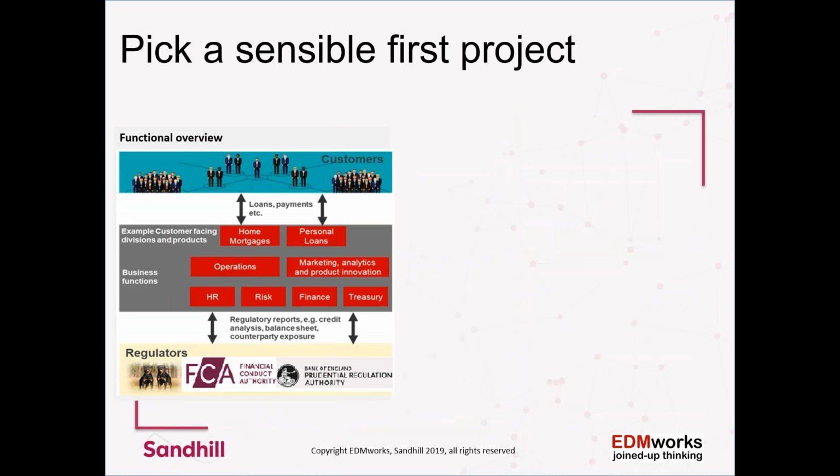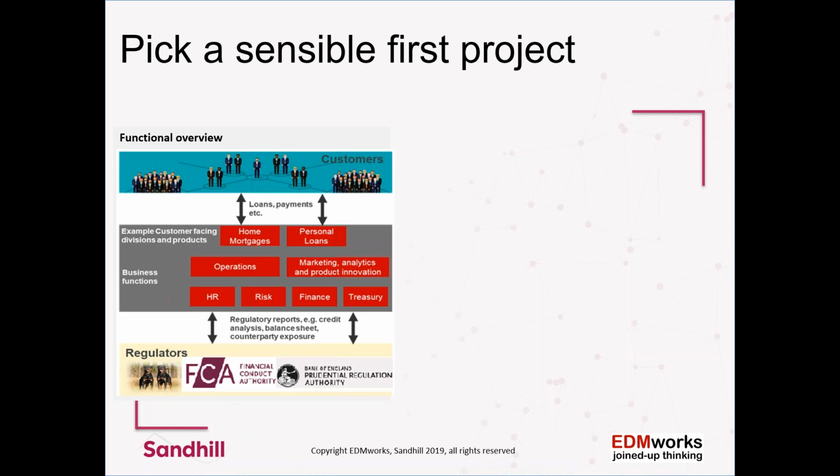We talked about picking a sensible first project. This is based on various examples that I've used in the past. Quick run through of this one. You've got customer facing activity. This is about the bank, home loans. You've got retail customers within the organization, the grey box here. You've got customer facing divisions for home mortgages and personal loans.